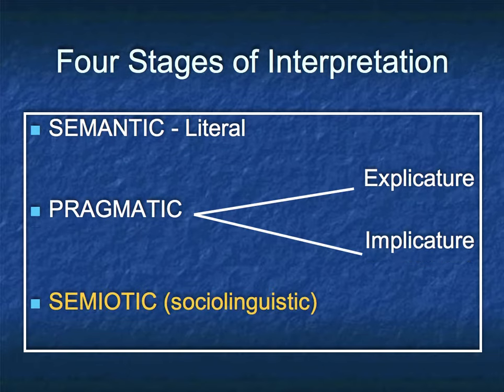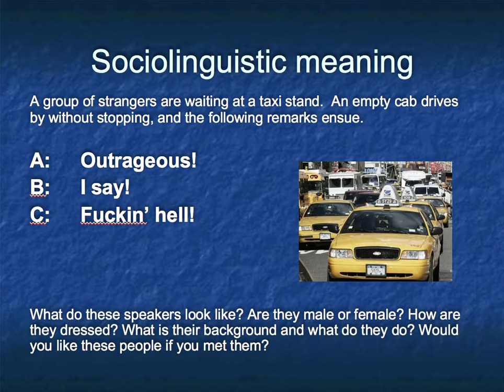Now, we can also add a further level, a semiotic or sociolinguistic level, to interpretation. And this is the one that we looked at in class. So if you remember, there are three people waiting for a cab, and they say different things when the cab doesn't stop. All right, this is in pre-Uber times.